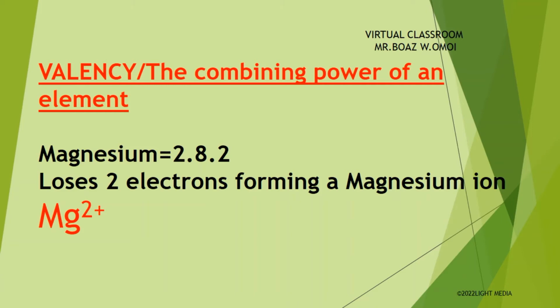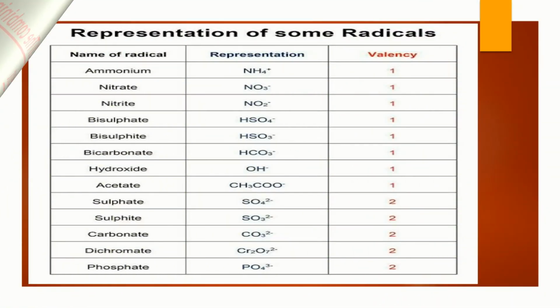Now, having said that, I want us to move on and talk about something that I cannot leave unmentioned, and this one concerns the radicals. Radicals. Now, radicals are groups of atoms with a net charge that exist and react as a unit during a chemical reaction.